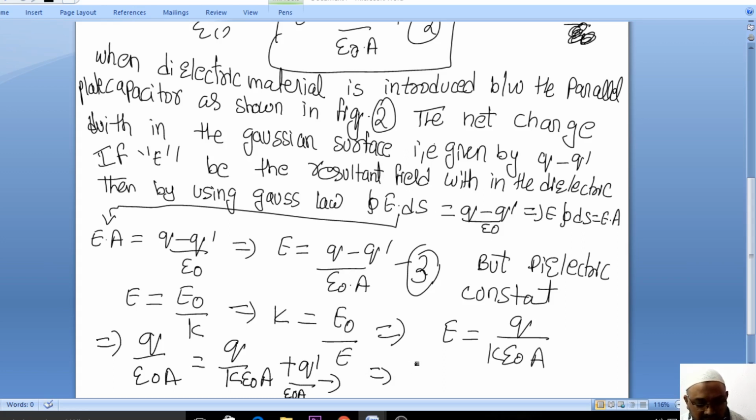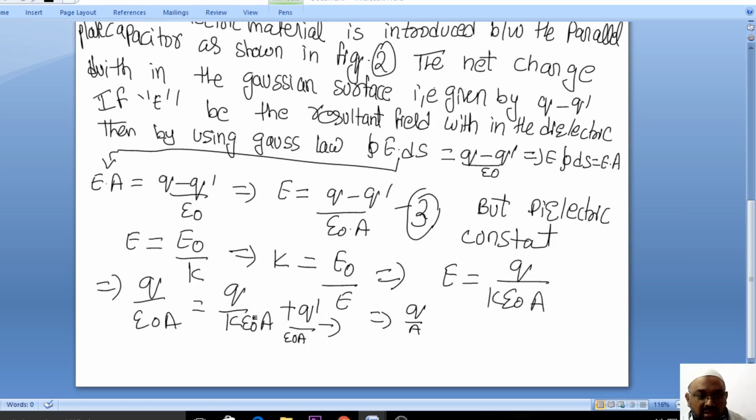Now we'll write down Q by A is equal to, epsilon naught gets cancelled. So what will be remaining here? Q by A is equal to epsilon naught into Q by K epsilon naught A plus Q dash by A. This is very simple.